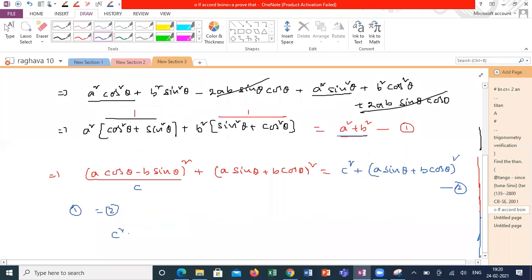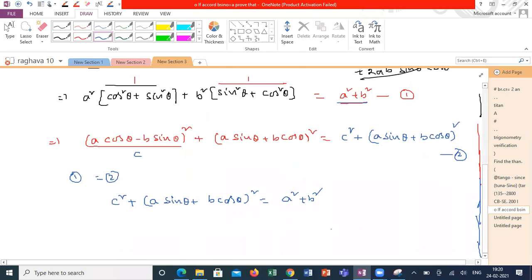So C square plus (A sin theta plus B cos theta) whole square is equal to A square plus B square. Take the C square to that side.